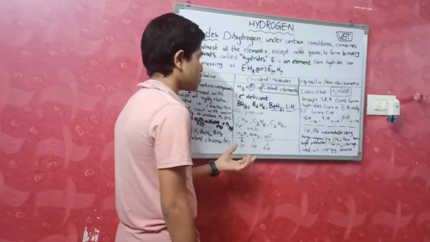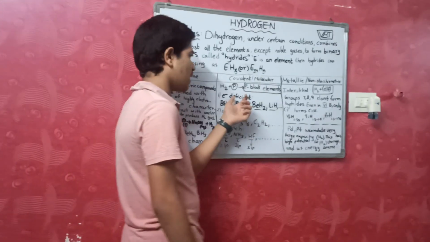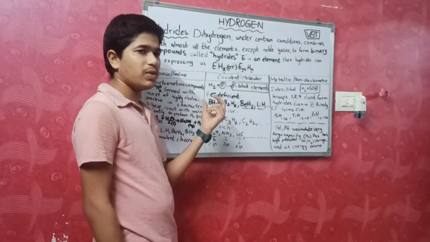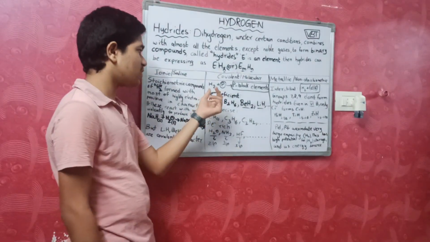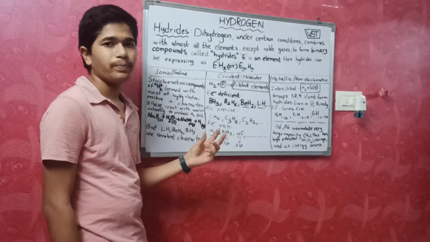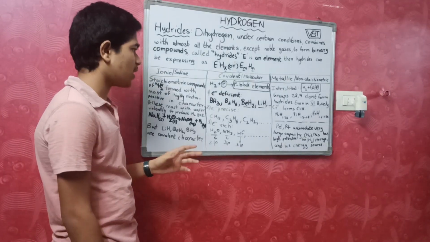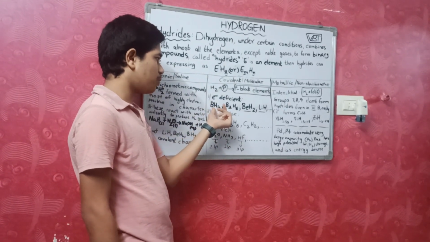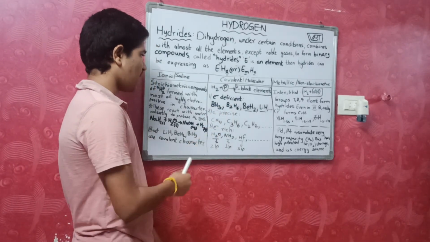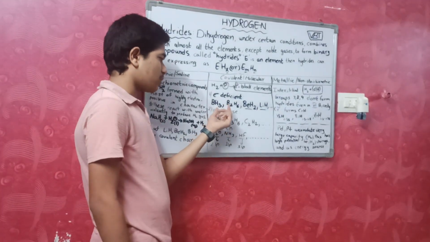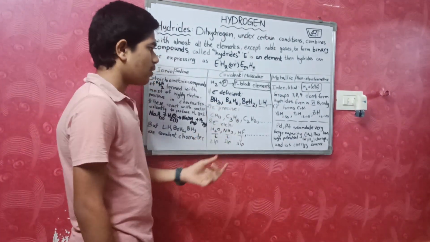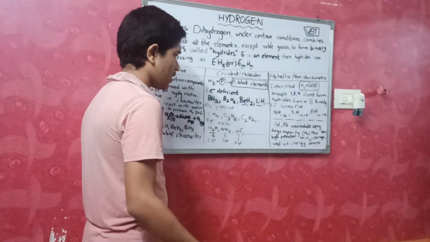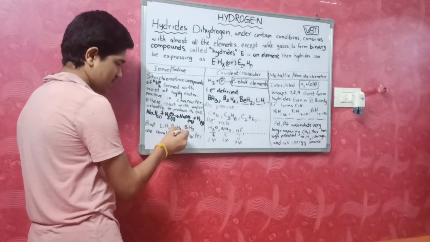When it comes to covalent or molecular hydrides, most of the p block elements react with dihydrogen to form covalent or molecular hydrides. The electron deficient hydrides, boron belonging to the p block, reacts with dihydrogen to form these covalent hydrides. Whereas, as we see before, these are the examples.